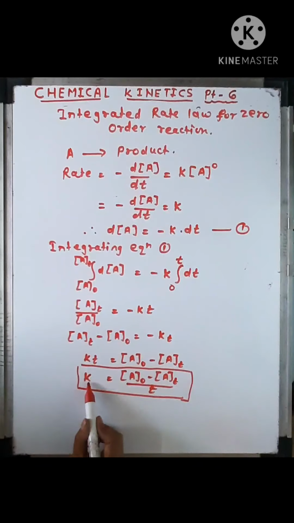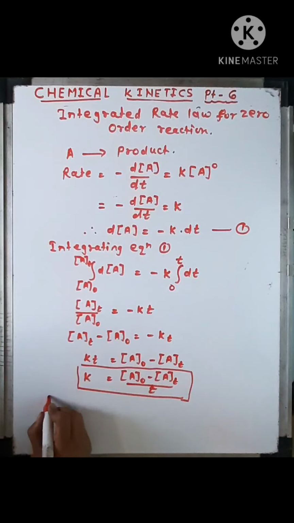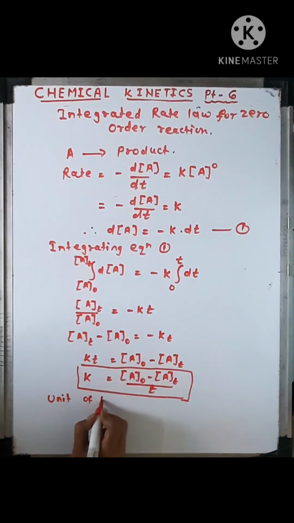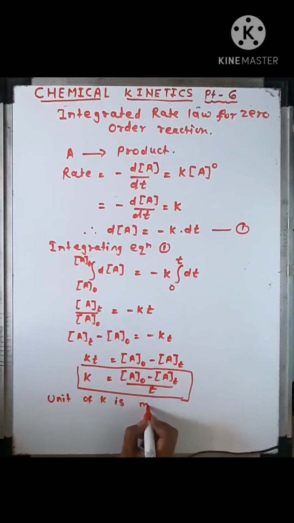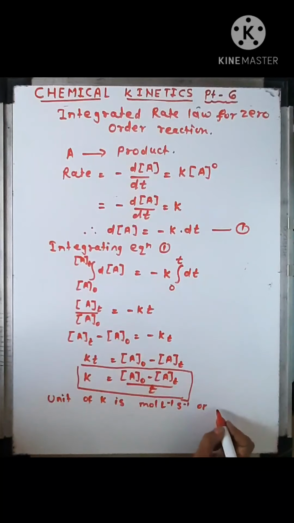Integrated rate law for zero order reaction depends on initial concentration and final concentration and time taken for the reaction, and unit of K is mole per liter per second. Time is measured in second, minute or hours.